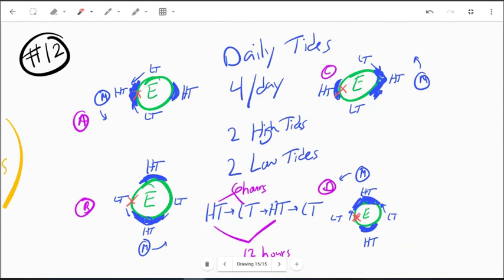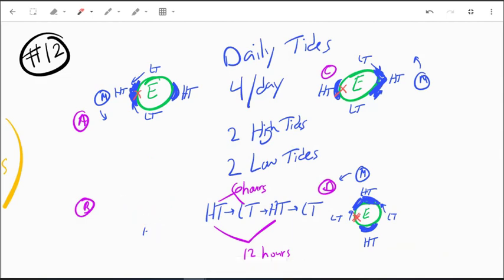So what do I mean by that? Like I could have drawn this picture like this. So the moon could have stayed here, and the Earth would have stayed here. High tides here, high tides here, right?